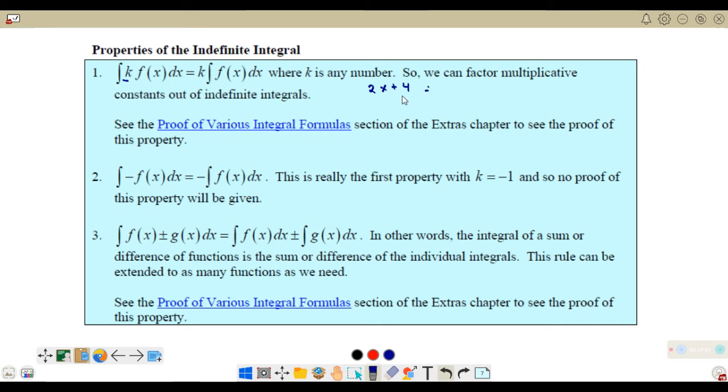Pwede nating i-factor dito yung constant that is common to both terms, right? So, you can factor out 2 and then you will have x plus 2 because 2 times x is 2x, 2 times 2 is 4. Equivalent tong dalawang to. Ganon din pagdating sa integrals.